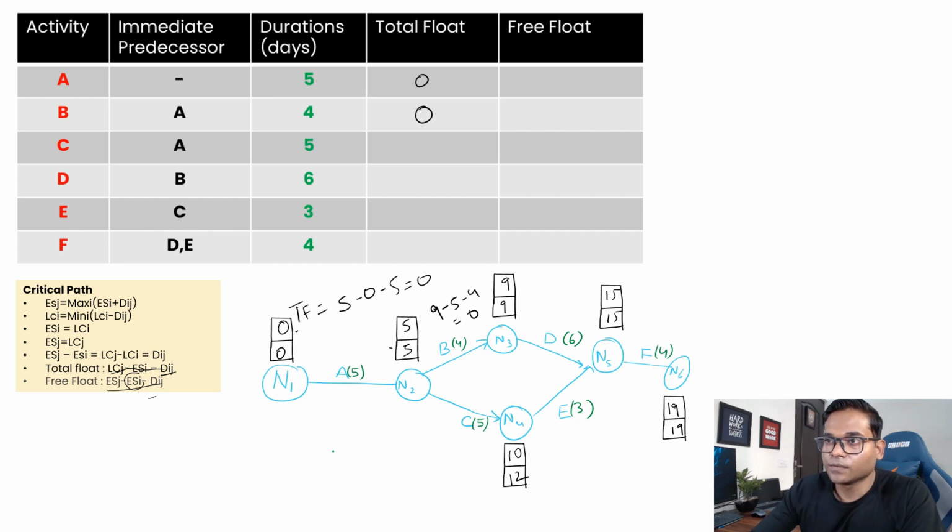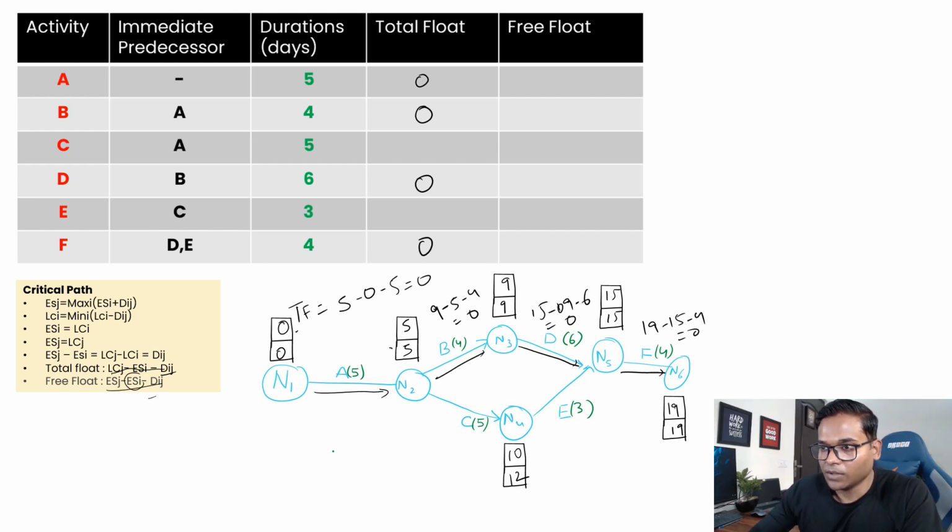And if you go for this one again, it should be 0. Why? Because remember, this is your critical path, and float on a critical path is always 0. But anyway, let's calculate. 15 minus 9 minus 6 is going to give you 0, and that's for D. Similarly for F, 19 minus 15 minus 4, that's 0.